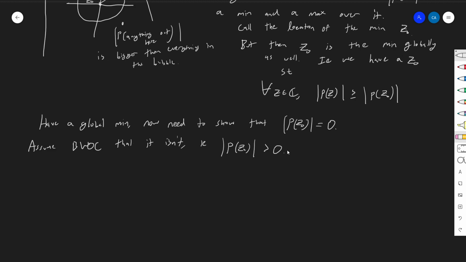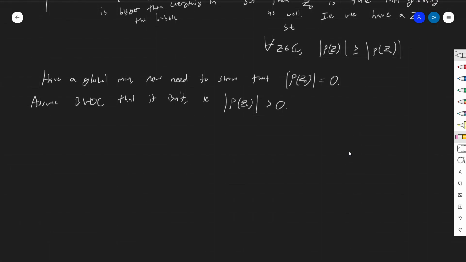Now, I'm going to state the idea. So here's my complex plane again, and then let's say this is z0. And obviously, you're starting to realize probably that there's no good way to draw these functions.